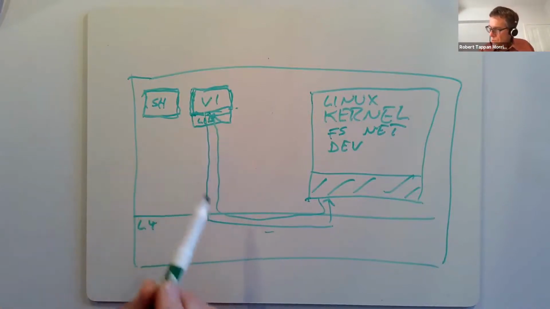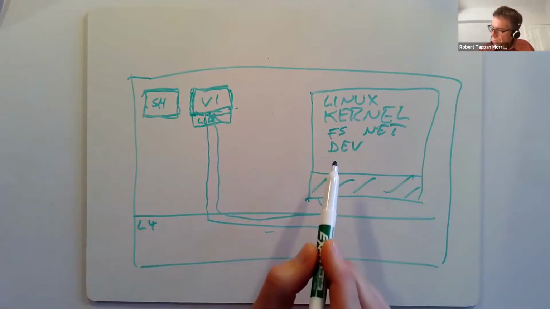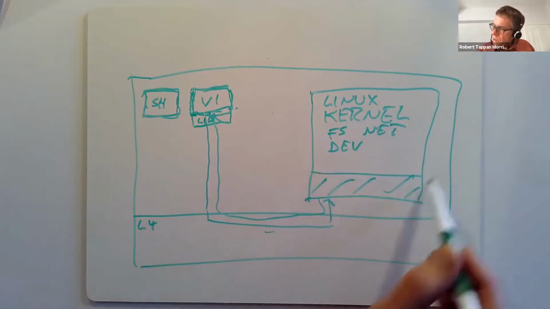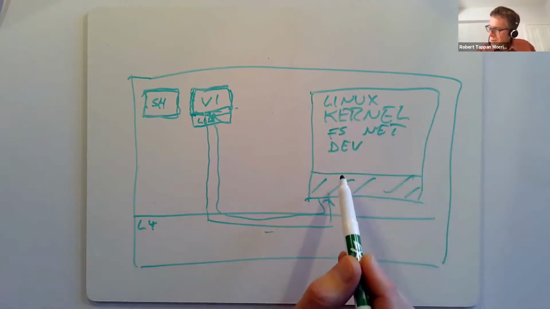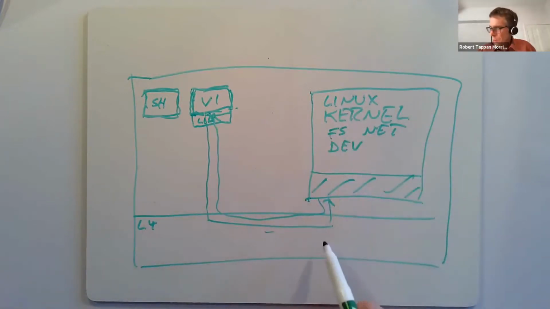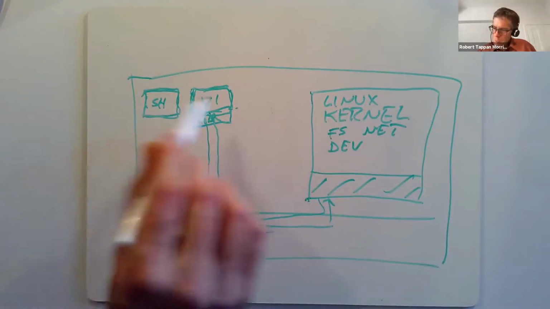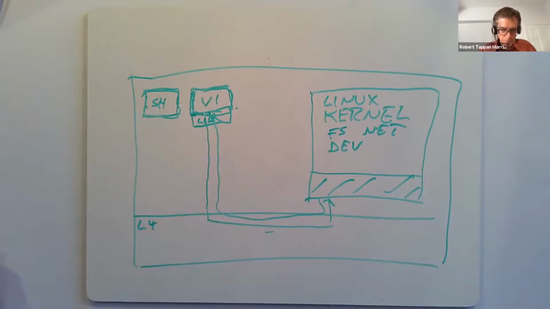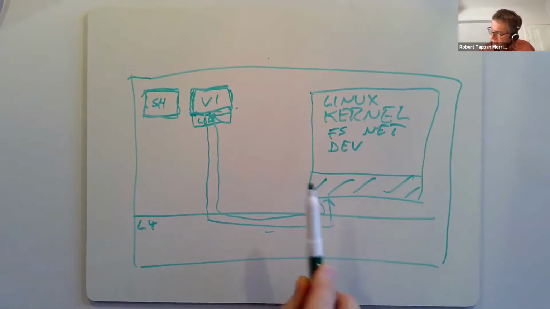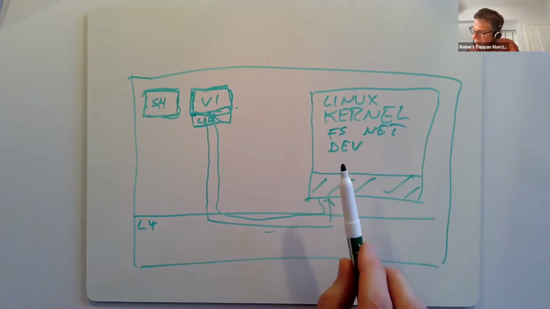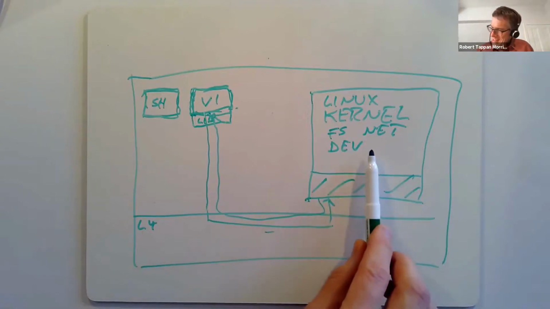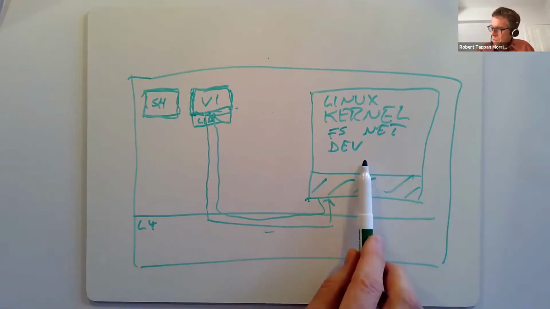So these little libraries would turn system calls into IPC messages to Linux. And what that meant is that if the Linux kernel task isn't doing anything else, it's sitting in a call to receive, waiting for the next system call request IPC from any one of these processes. That leads to a significant difference between how this Linux works and how ordinary Linux works.